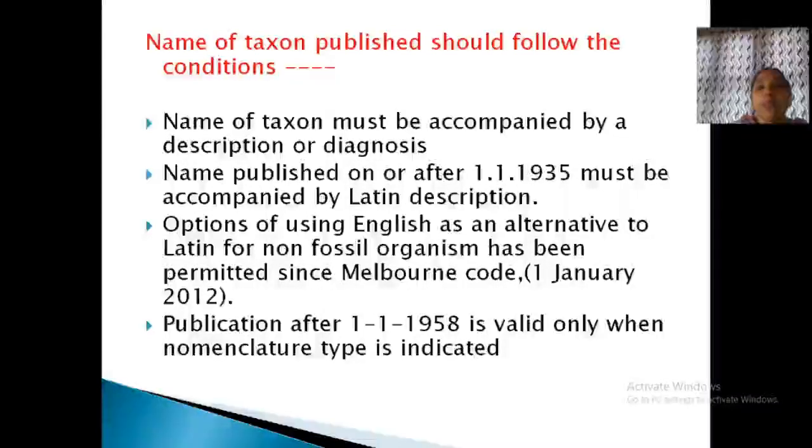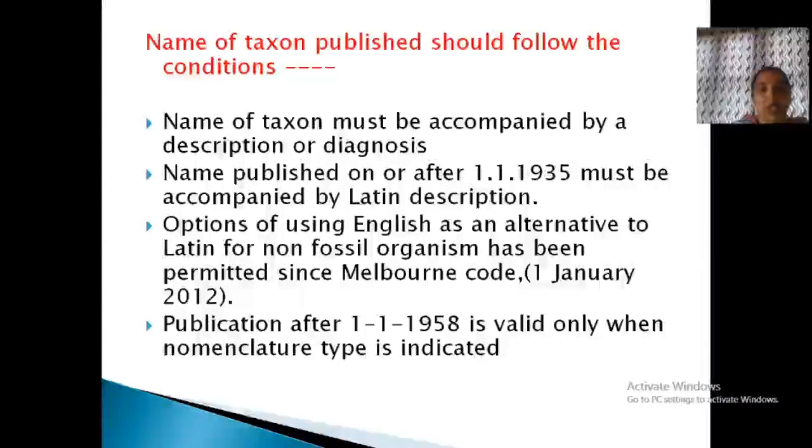You will publish it in an ISBN or ISSN journal, and you have to describe the taxon in a language. Before the Melbourne Code it is Latin, now it is also English. That is known as diagnosis, usually a Latin diagnosis. So, a description is required in Latin.